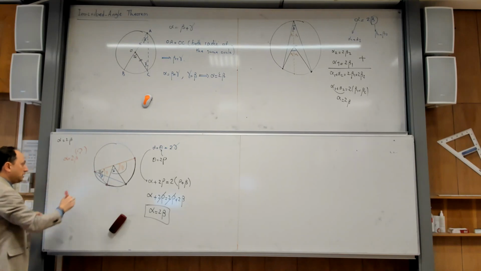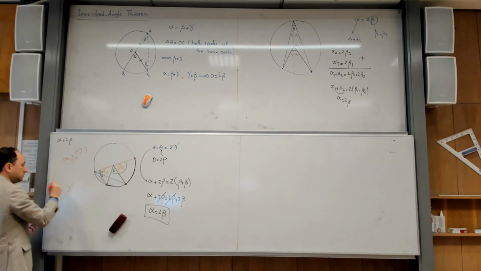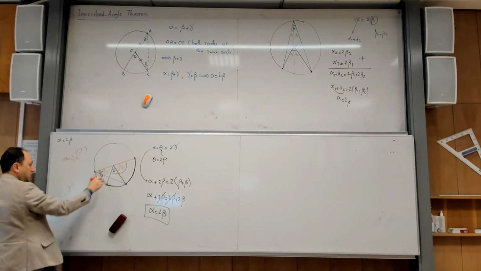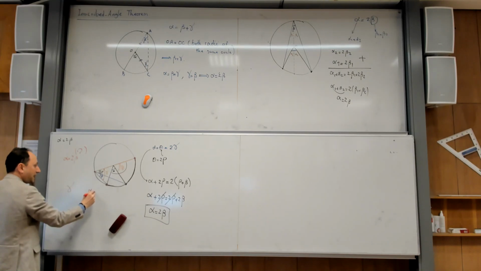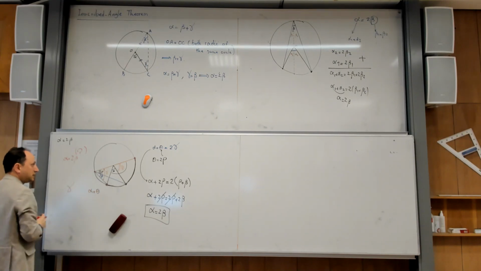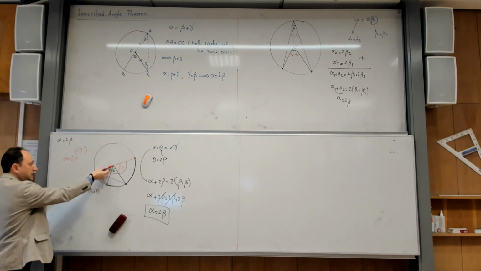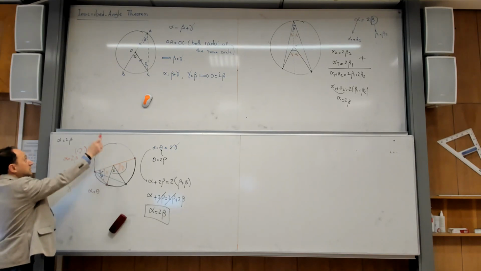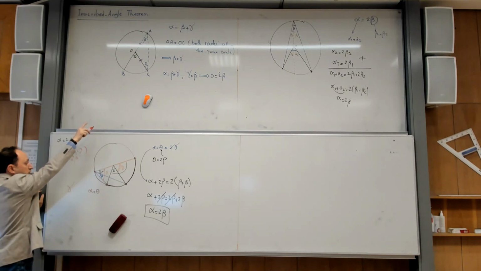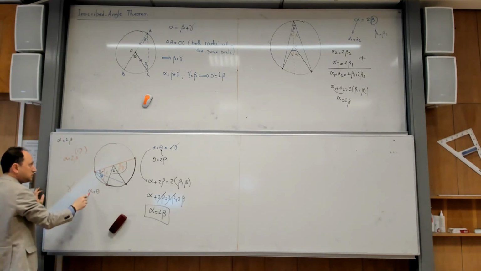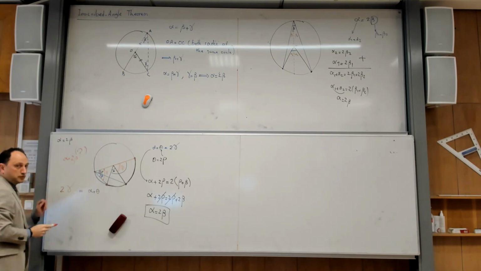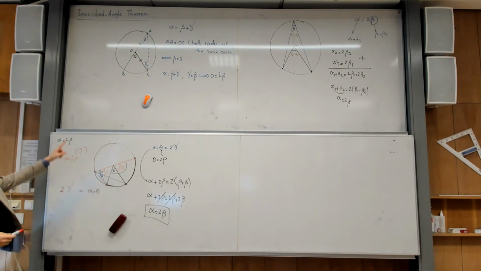So on the one hand, I have the inscribed angle gamma. On the other hand, I have the central angle alpha plus theta. But one leg of the inscribed angle is a diameter. Based on the first scenario, I am sure that this one plus that one is equal to 2 times that one. This is from the first scenario.